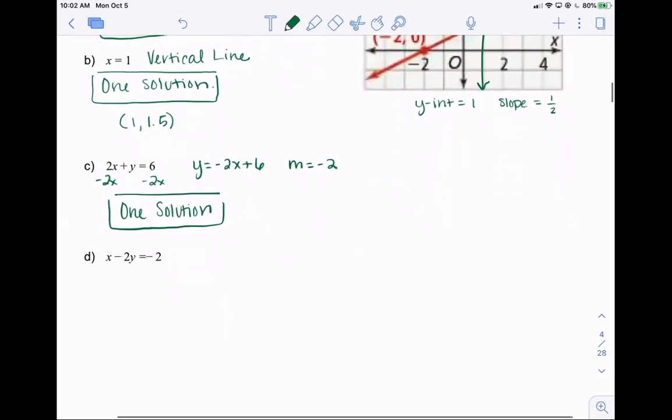Okay. All right, and let's look at D. x minus 2y equals negative 2. How do we get y by itself? Subtract x. So we have negative 2y equals negative x plus 2. And then to get y by itself, divide by negative 2. All right, so we're left with y equals, what's negative x divided by negative 2?